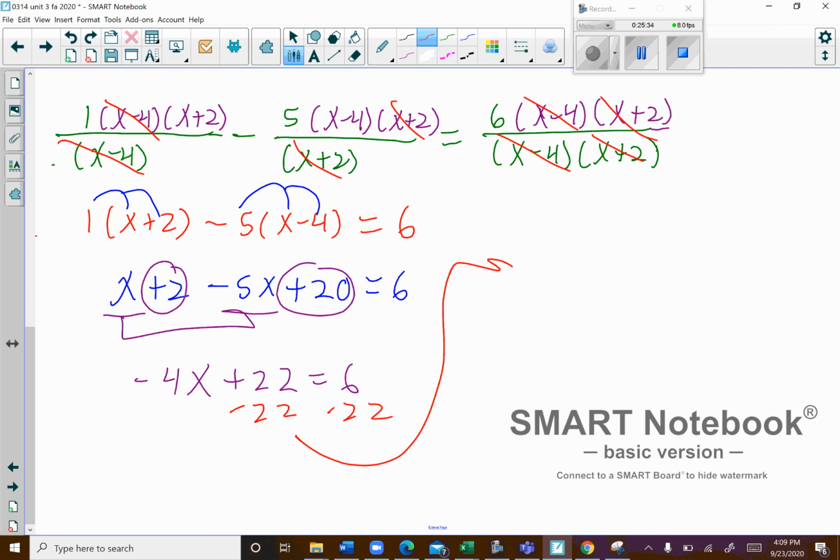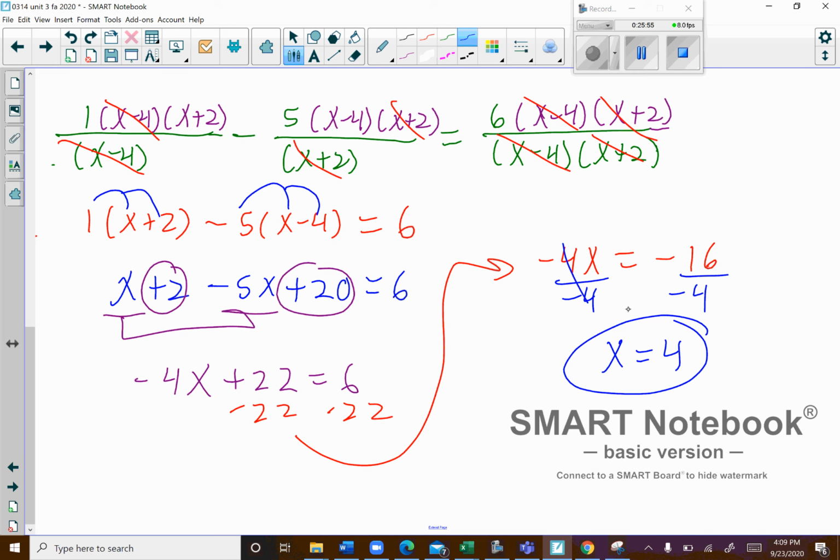So negative 4x equals negative 16. And then we'll divide by negative 4 on both sides. So we get x equals positive 4. All right, great.